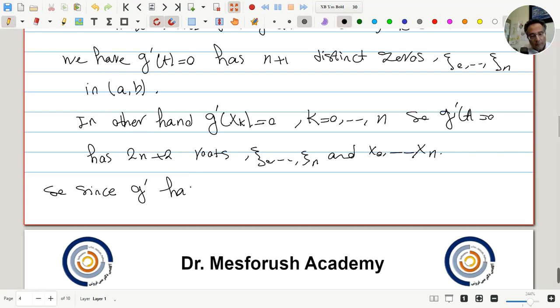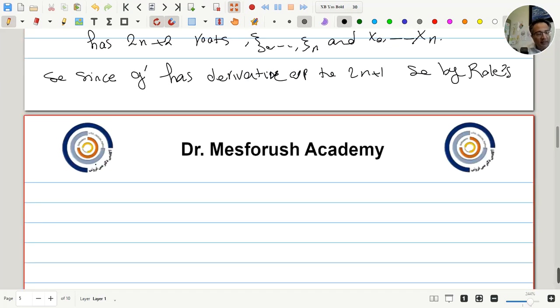So by Rolle's theorem, in fact by the extended Rolle's theorem, there exists c in the interval a and b such that g^(2n+2) at c is equal to 0.